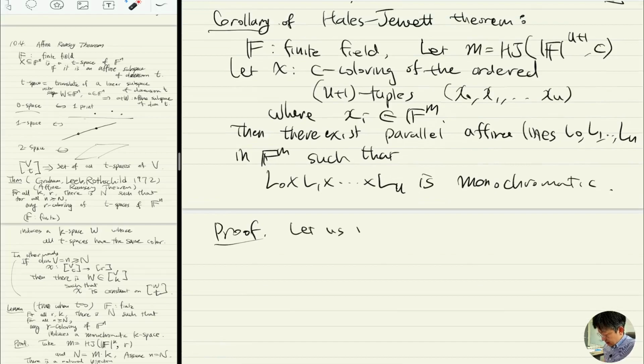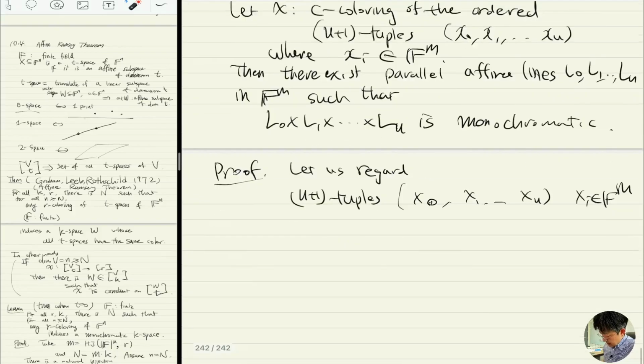Let us regard this U plus 1 tuples X0, X1, XU, where each Xi is in F to the M, as an M by U plus 1 matrix.